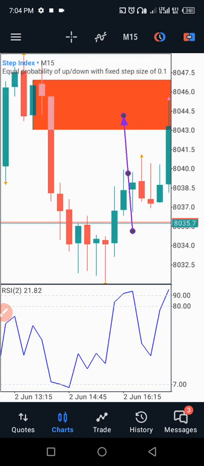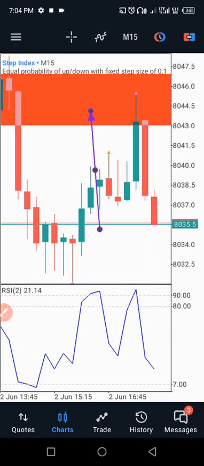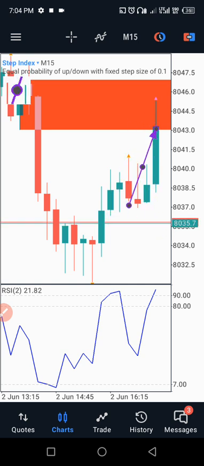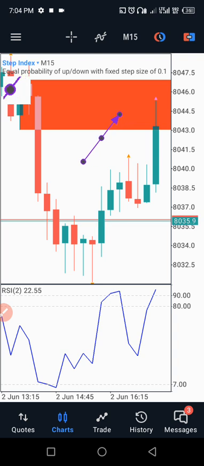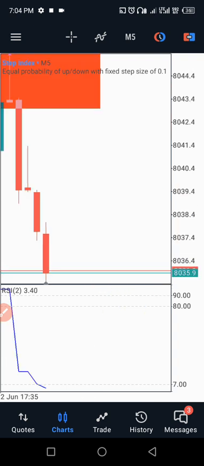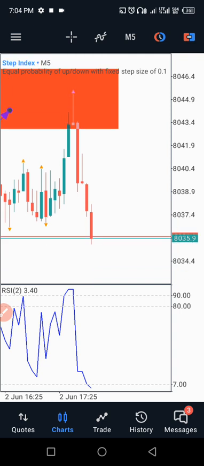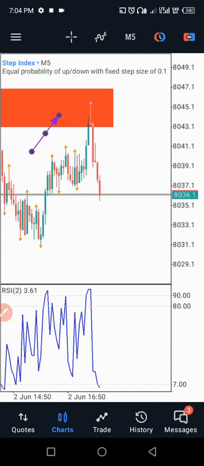Once we see these two conditions, what we want to do is go to the 5 minutes time frame. We are not yet taking our entry. We are going to wait, go to the 5 minutes time frame, and look at the RSI indicator.